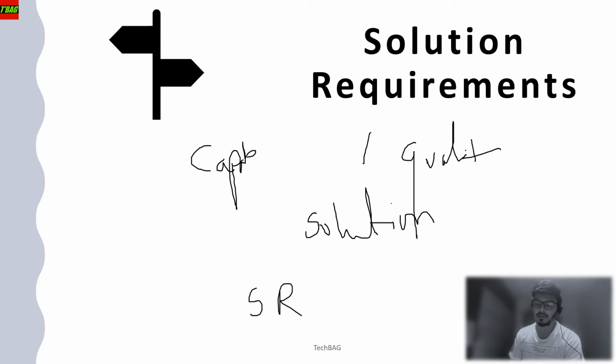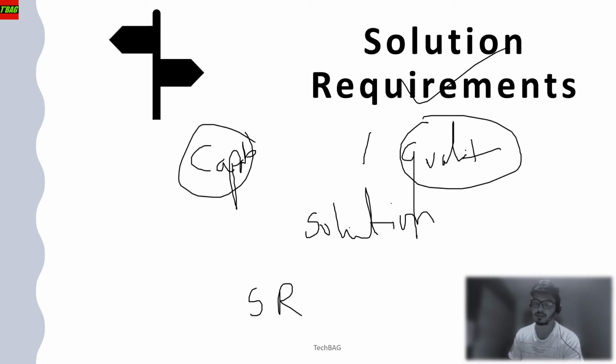So solution requirements are only satisfied when capability and quality of a solution are met. Also, these are meant to be solving the stakeholder requirement needs. Okay, I'll just make you understand in a better way. So solution requirements describe the capability and quality of a solution that meet the stakeholder requirement.